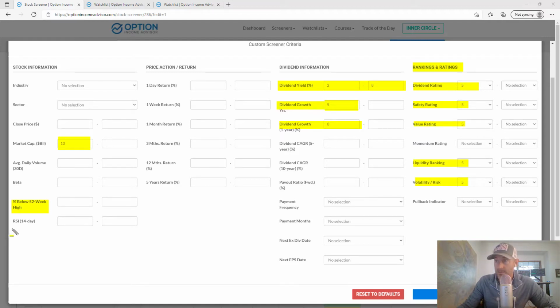And so that's why I didn't set a metric there. But it's a pretty simple screen if you look at it. Again, I'm just looking for above average metrics, dividend yield 2 to 8, some simple dividend growth metrics, and then just a market cap above 10 billion. So let's take a look at the 37 stocks that pulled up on this list.